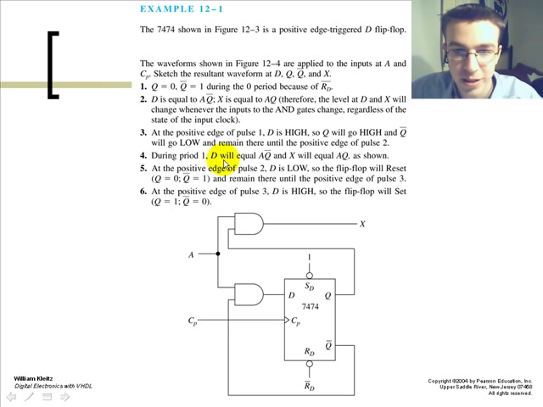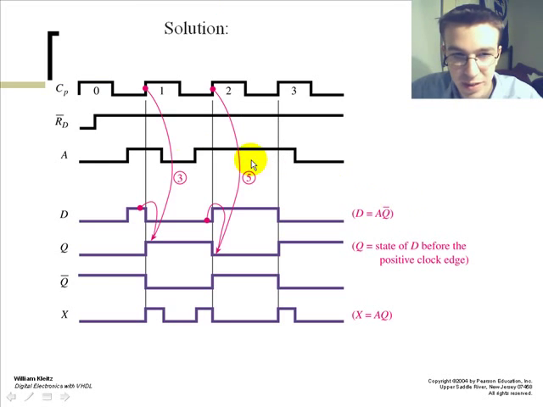During period 1, D will equal AQ0 and X will equal AQ as shown. At the positive edge of pulse 2, D is low, so the flip-flop will reset. At the positive edge of pulse 3, D is high, so the flip-flop will set. This is shown here.